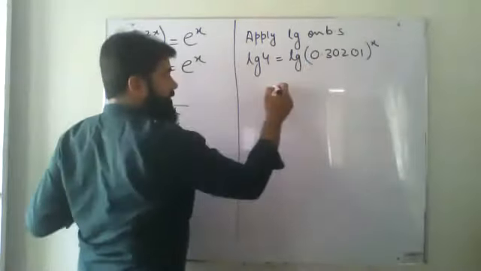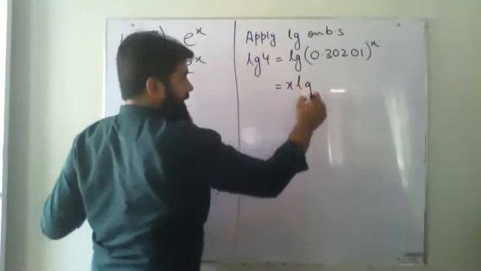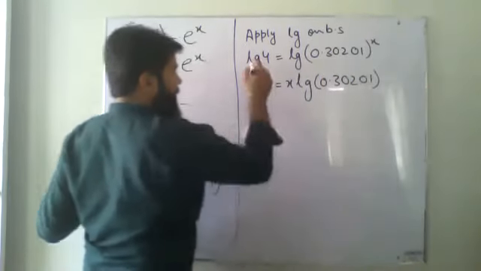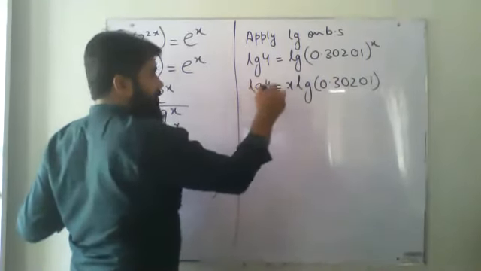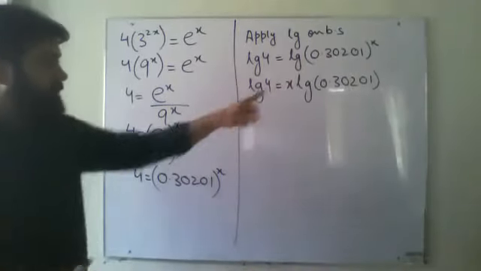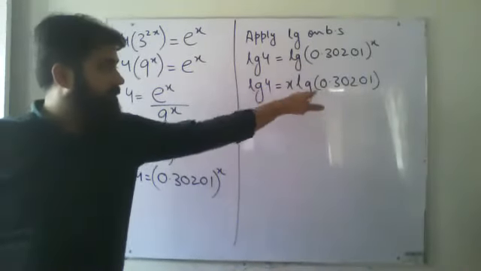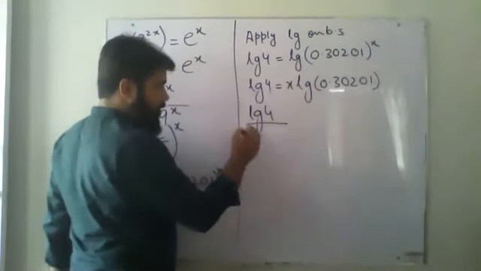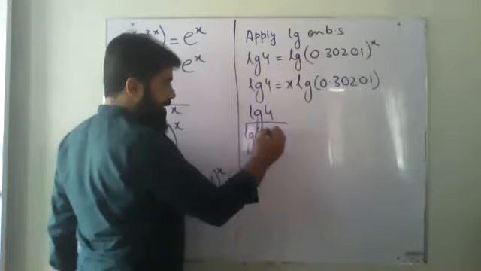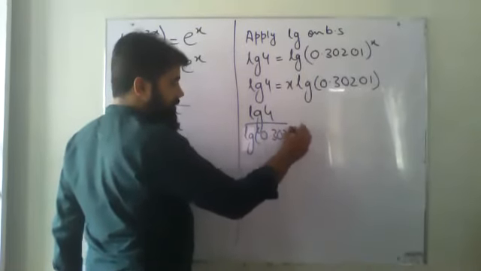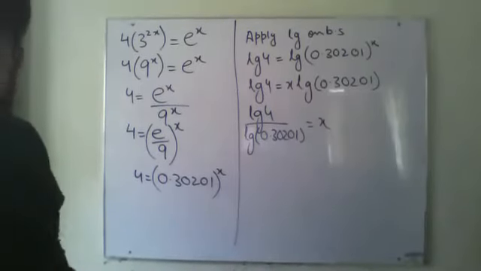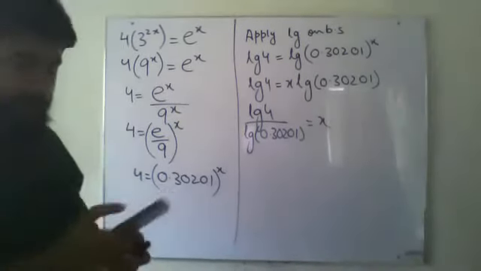Okay, the power will be shifted before the log, x log 0.30201 equals log 4. Now this x is there, these two are being multiplied, so this will become log 4 over log 0.30201 equals x.